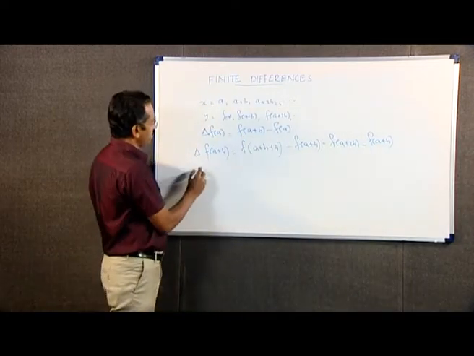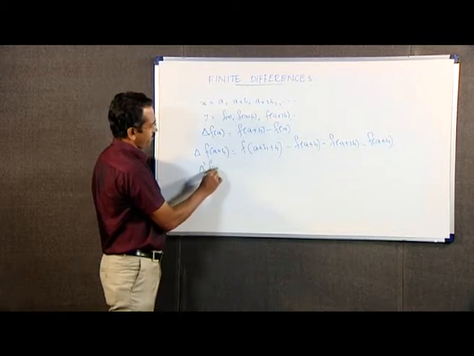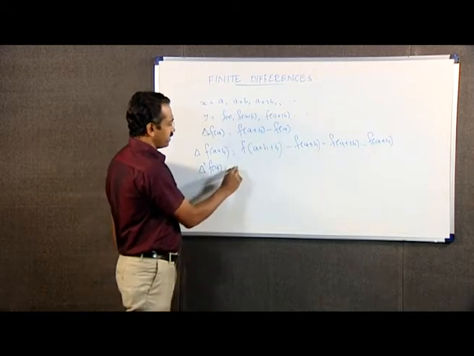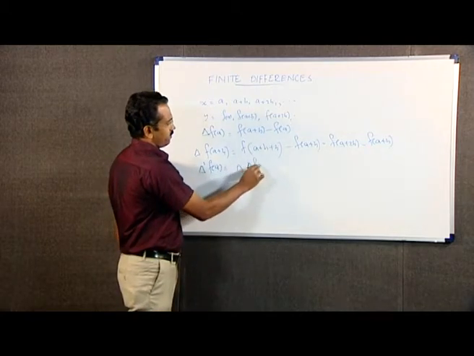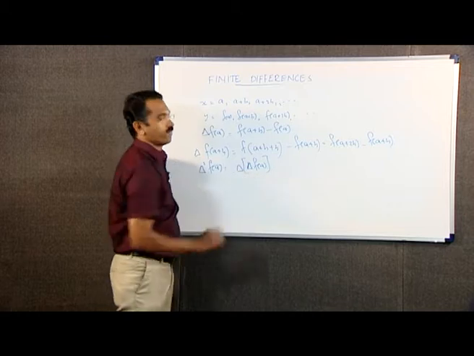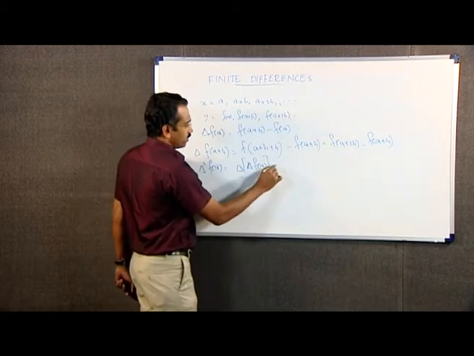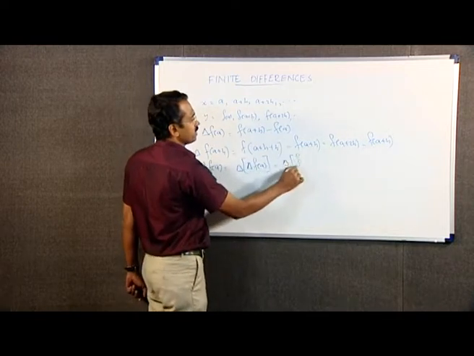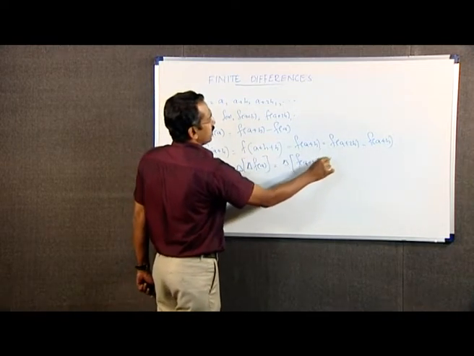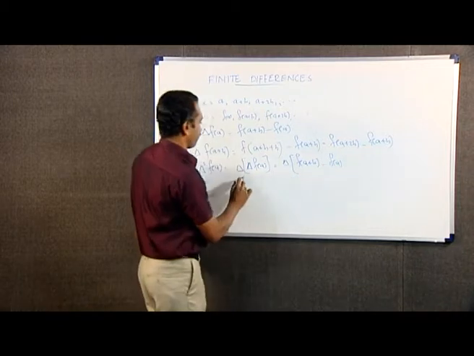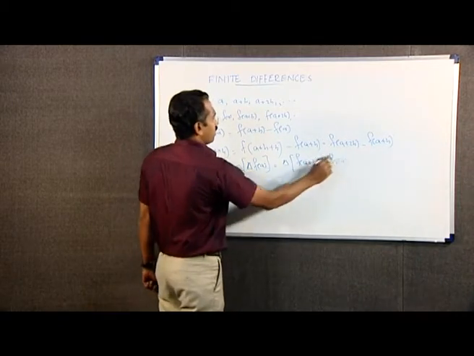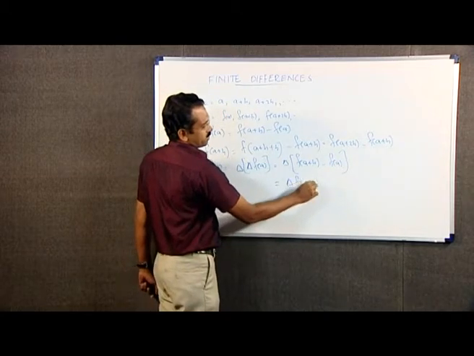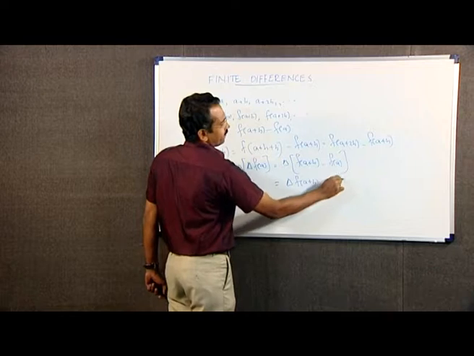Similarly, delta square f of a can be written as delta of delta f of a, which is equal to delta of f of a plus h minus f of a. This is equal to delta f of a plus h minus delta f of a.